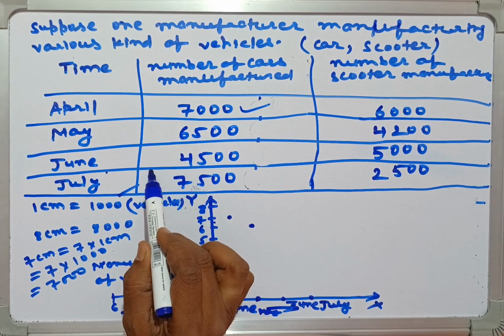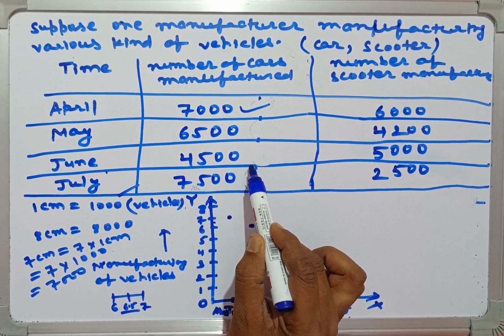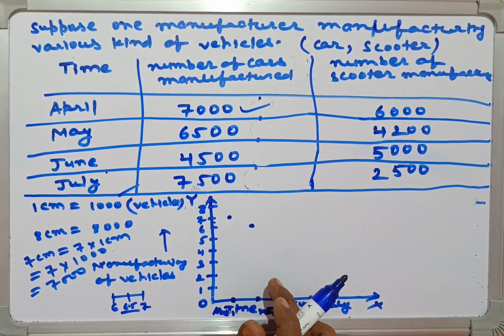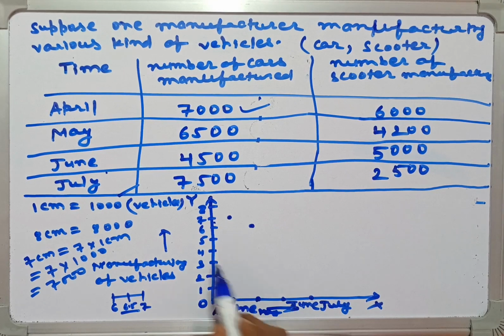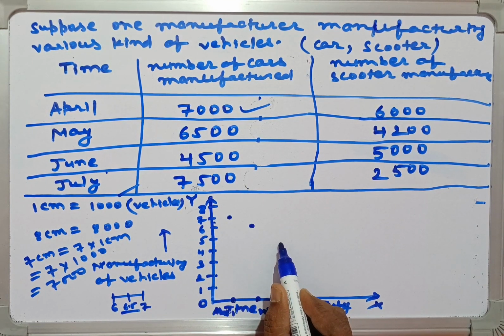Okay, so we represent here 4,500 on this graph. So this point will come, see this is 4, this one is 5, so 4.5 will be in between these two. So here in June we will come here.